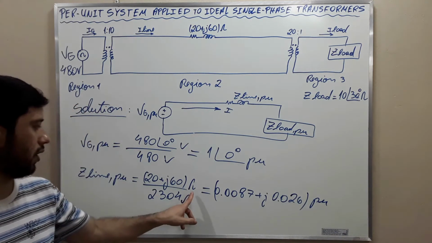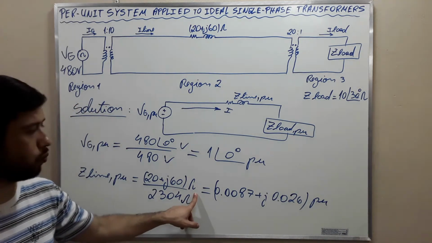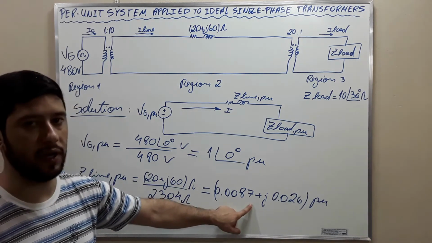This value here is in ohms. This value here is in per unit.